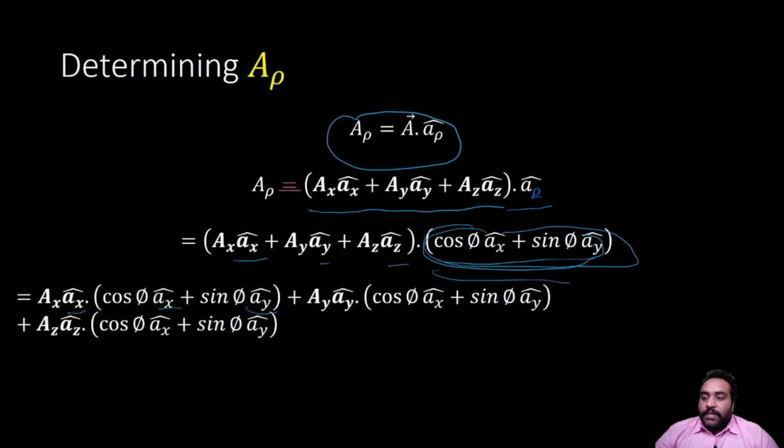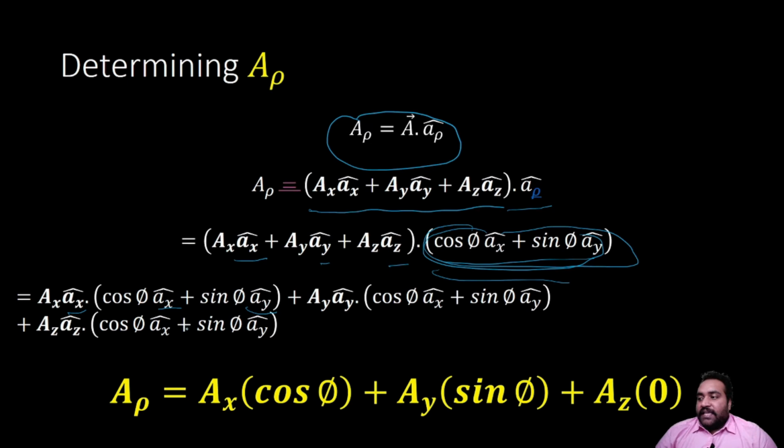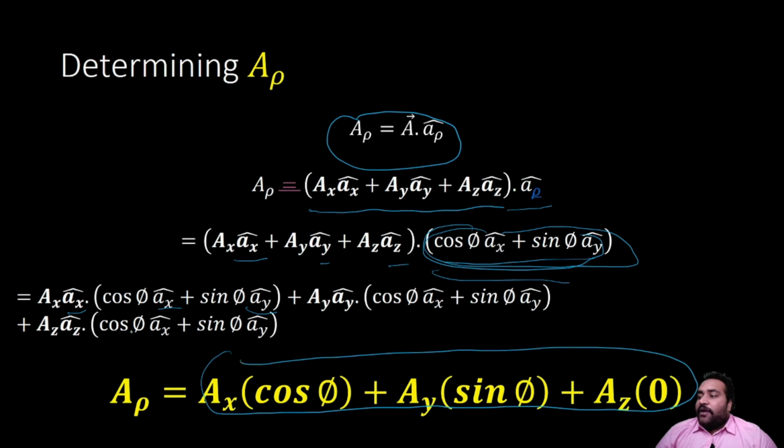So now the answer would be Ax cos phi plus Ay sin phi plus Az times 0, since az is dotted with ax and ay. So A rho is the expression which you are seeing on your page.